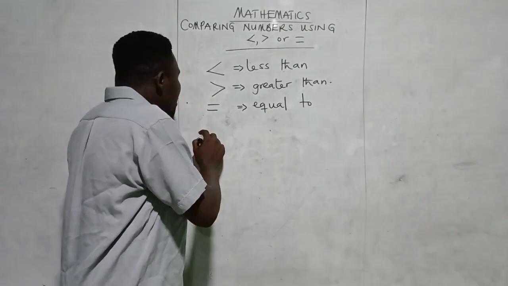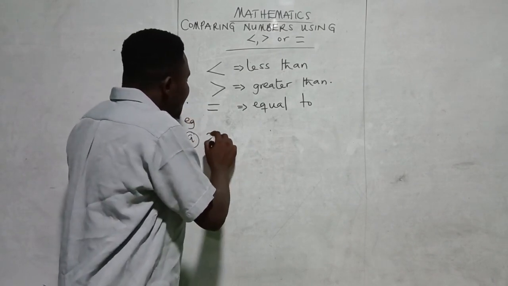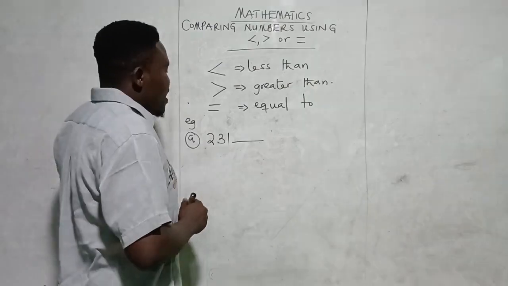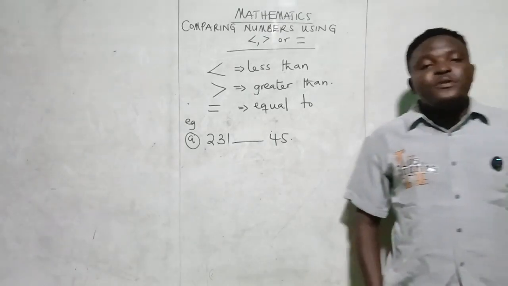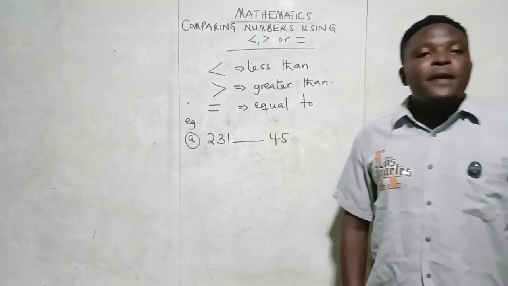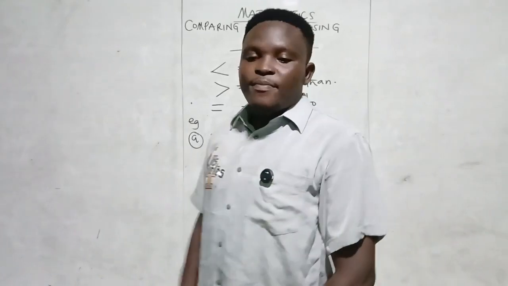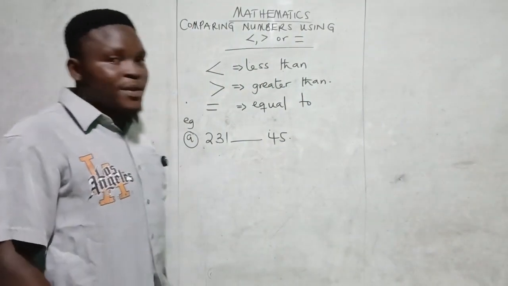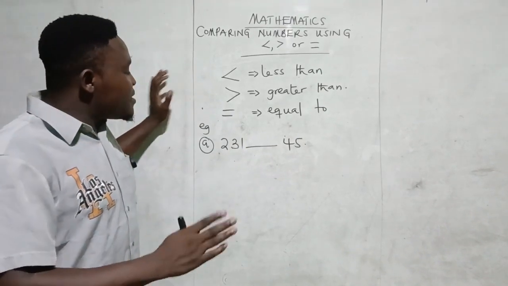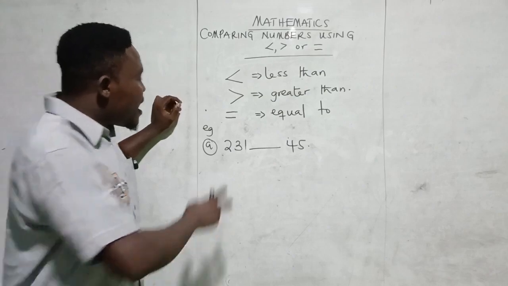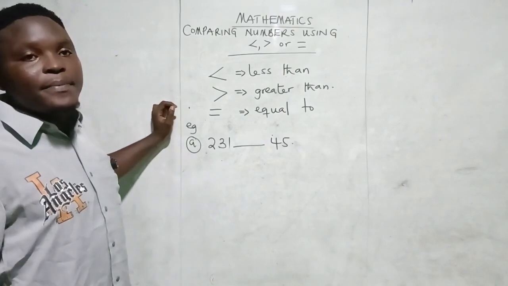If we have been given two numbers to compare, for example, 231 and 45, there are a lot of procedures that we have to follow when we are comparing two numbers. The first hint is that we have to count the digits. I've always been telling my kids that a longer number is always a greater number.